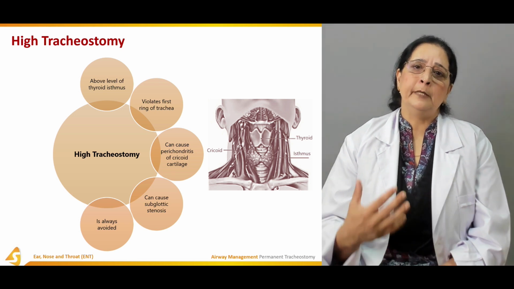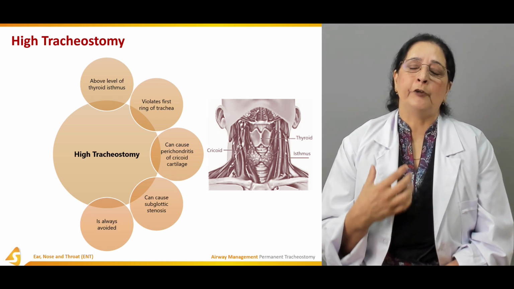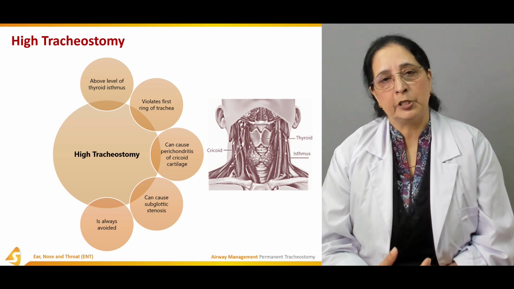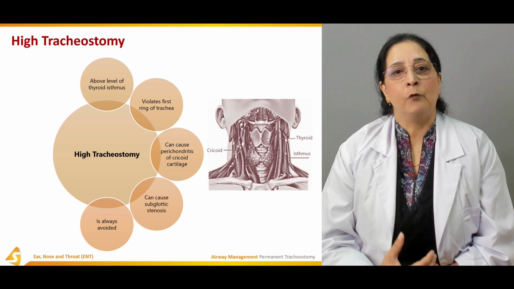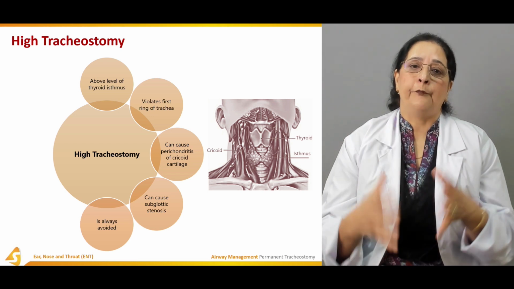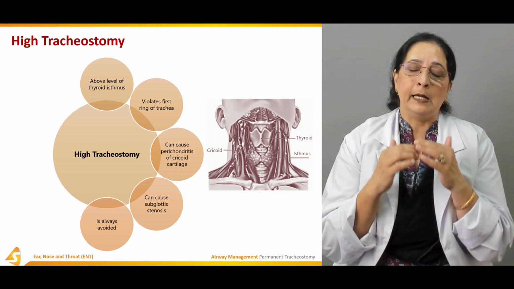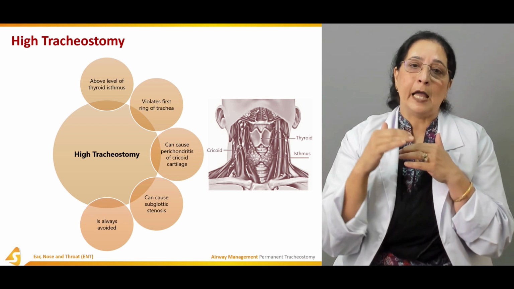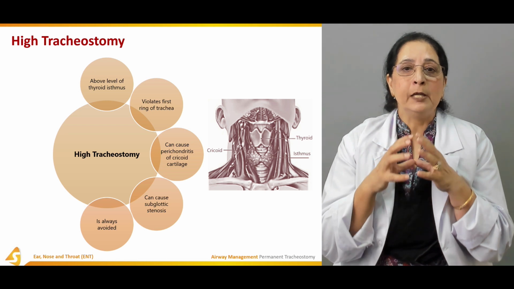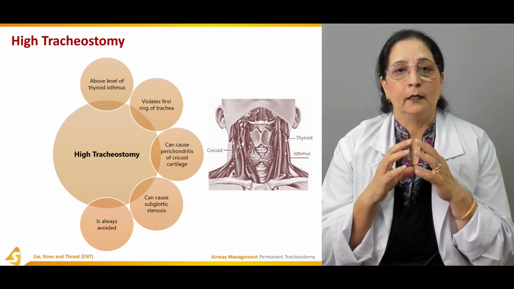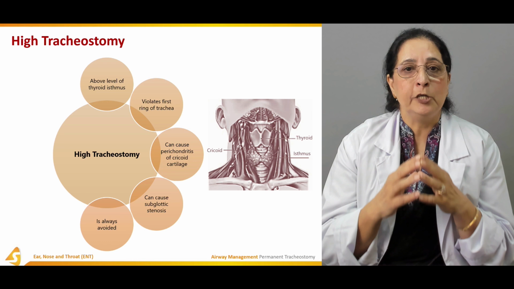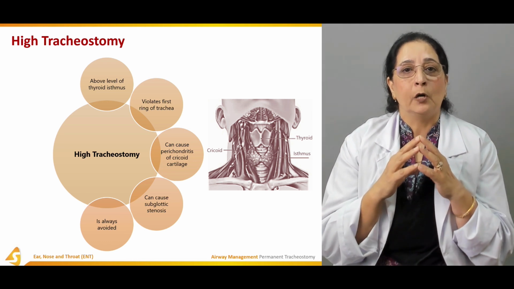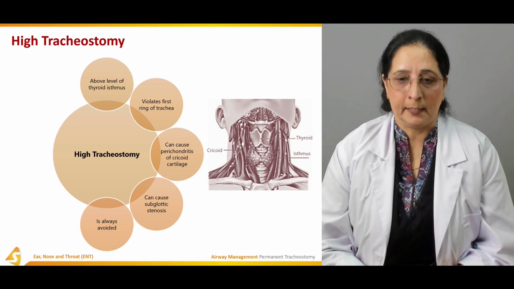So pretty much high tracheostomy is not a commonly used procedure. It should be avoided. If performed, it is at the upper level, the first tracheal ring above the thyroid isthmus, and can cause subglottic stenosis and perichondritis of the cricoid cartilage.